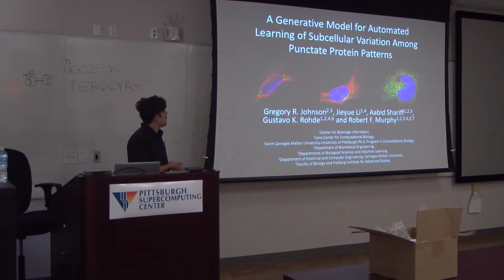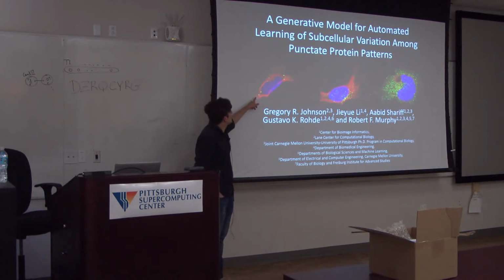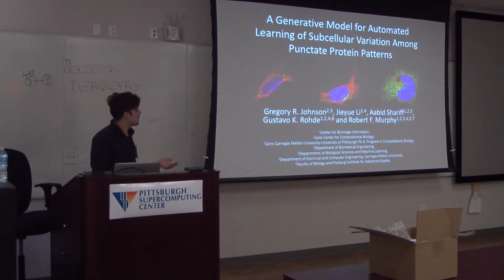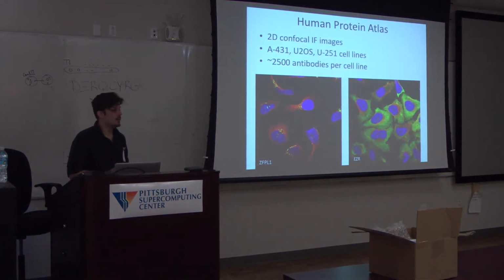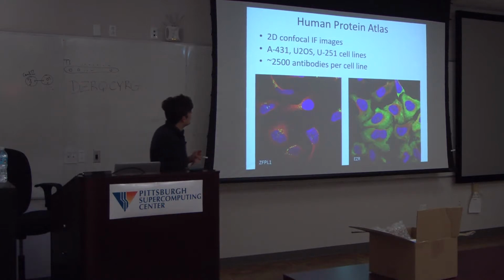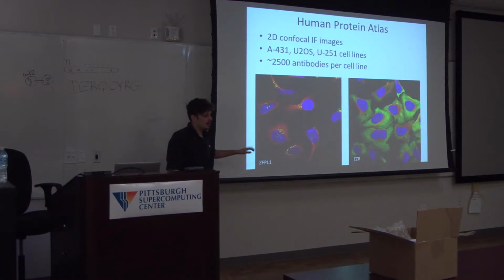Here, I'm going to talk about what we're doing to model the relationship between structures in the cell, labeled proteins in cells, and microtubules, as well as the position of these structures with respect to nuclear shape and cell shape. The Human Protein Atlas is a great source of fluorescence images in a variety of cell types and many thousands of proteins.